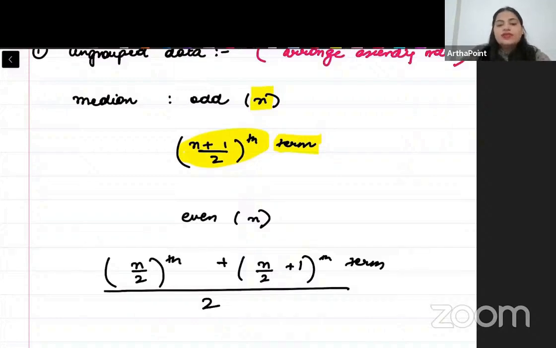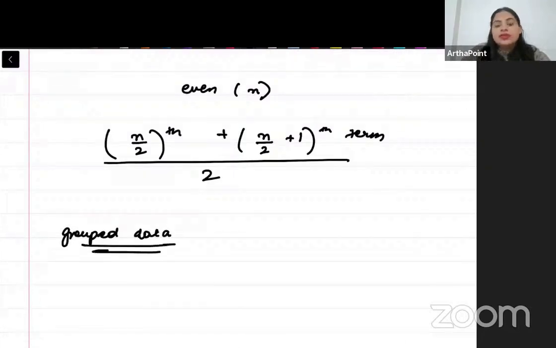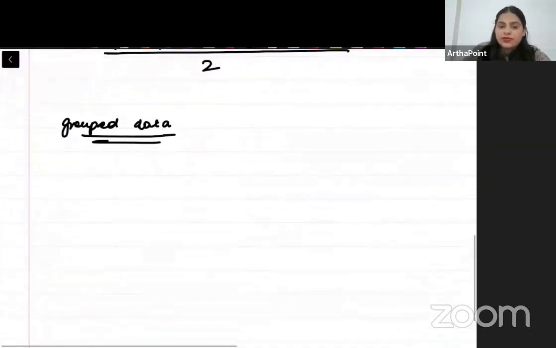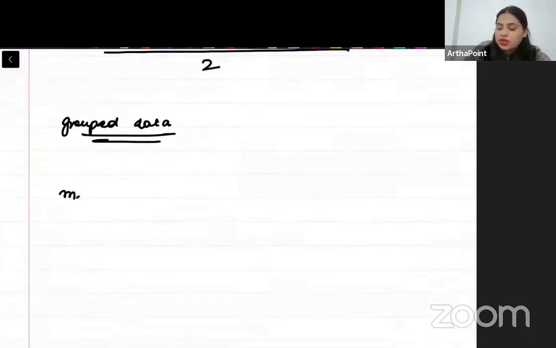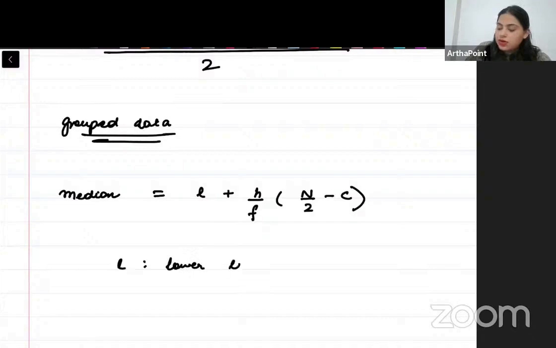Now, beta, if your data set is in fact a grouped data set, or in other words, it is a continuous series that you have, then your median will be L plus H by F times n by 2 minus C. So beta, L will be the lower limit of median class.